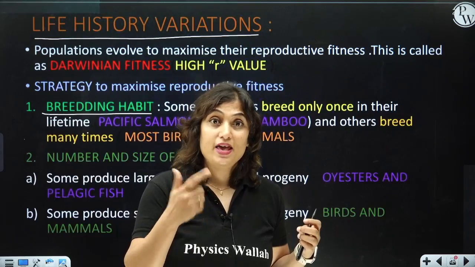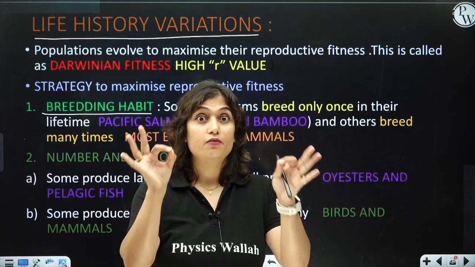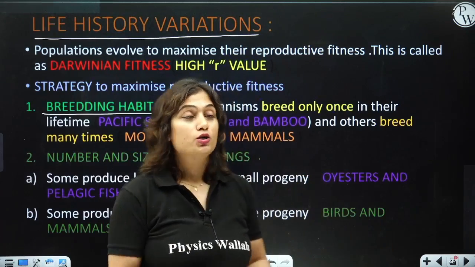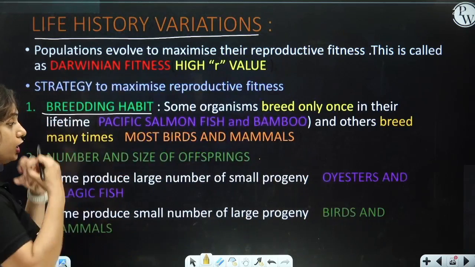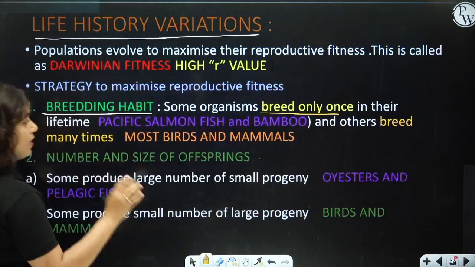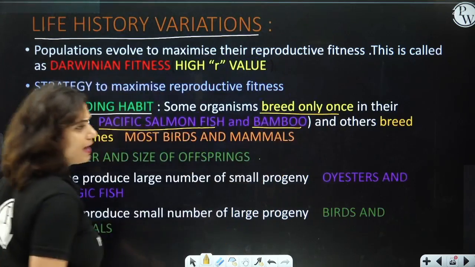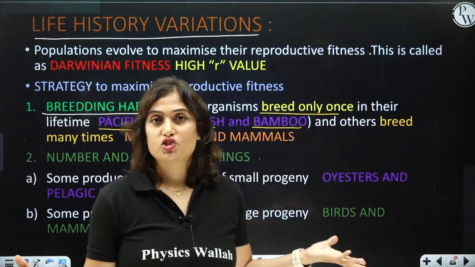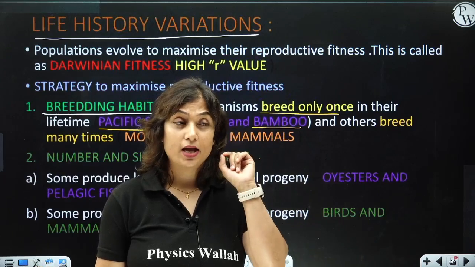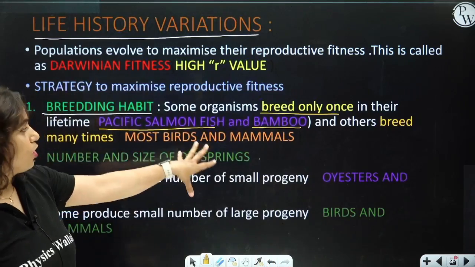So some organisms have adopted the strategy that they will breed only once in their lifetime, and when they breed, they breed like hell. The examples are Pacific salmon fish and bamboo. The example directly comes. The question can ask, give the example of two organisms which breed only once in their lifetime to maximize their reproductive fitness. So Pacific salmon fish or bamboo.